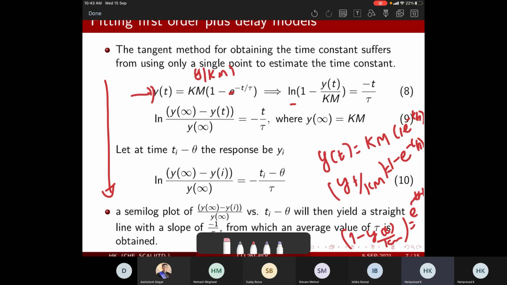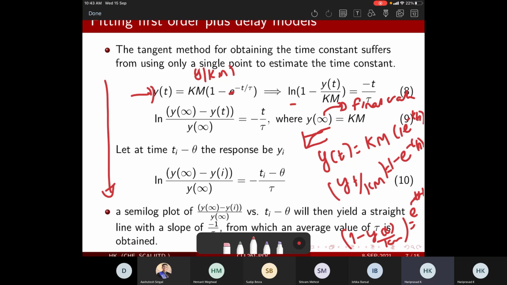Okay, so now let's say you have the last point, which is the time at infinity, corresponding to k. So you just substitute t equal to infinity. Infinity means your final value, which is k.